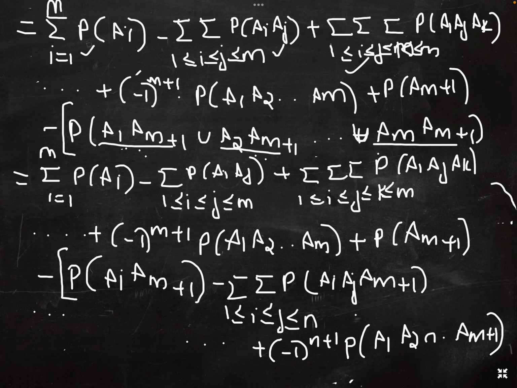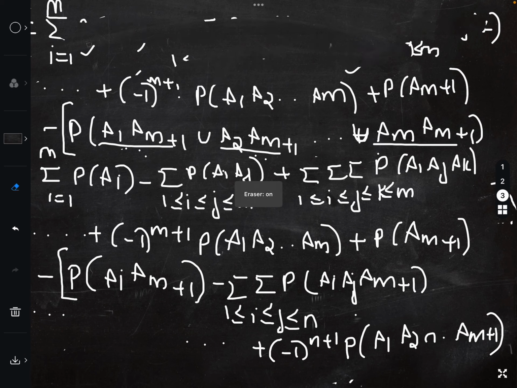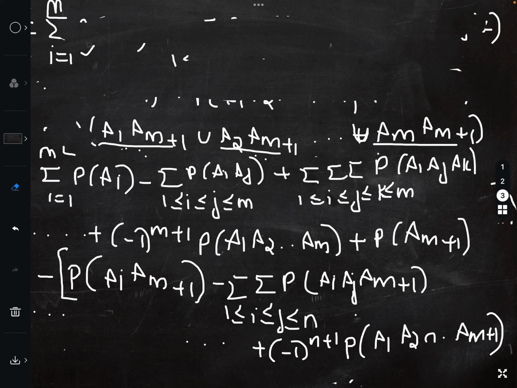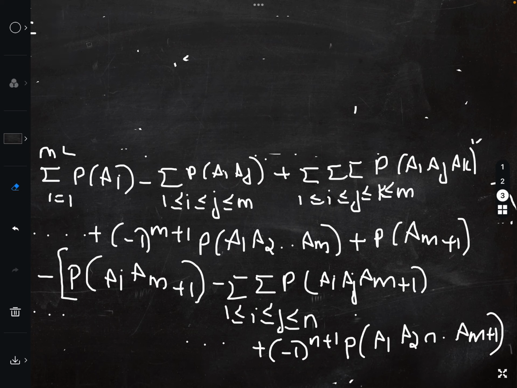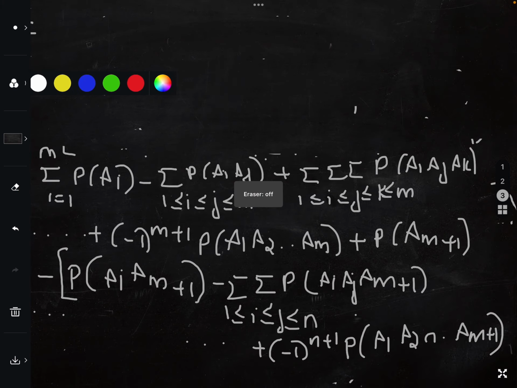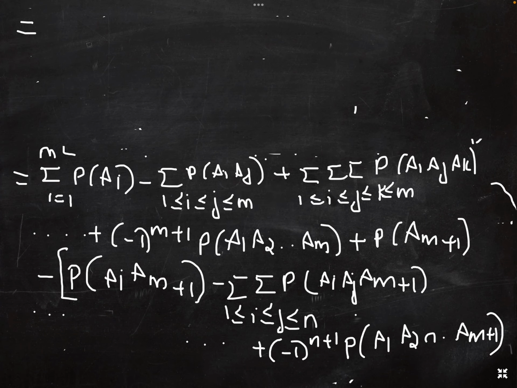Minus 1 raised to n plus 1 p of a1 intersection a2 intersection etc. intersection am plus 1. Okay, that is equal to summation i equals 1 to m of p of ai.